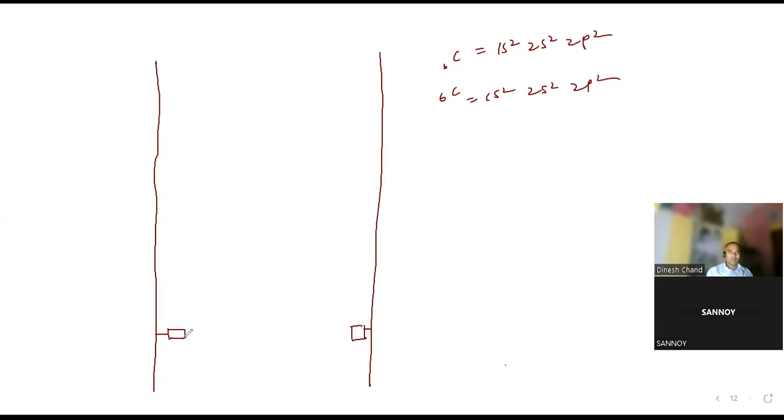So 2s orbital combined, it forms this. This is 2s orbital, this is 1s orbital, because the energy level of 2s is more than 1s. So here this is also 2s.